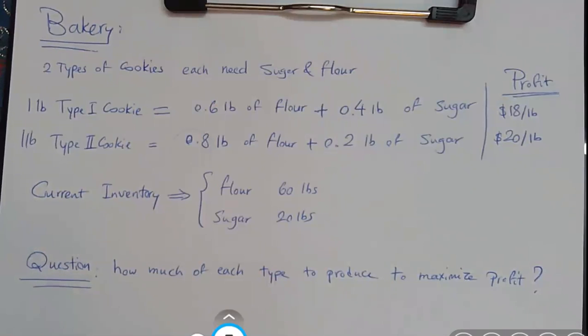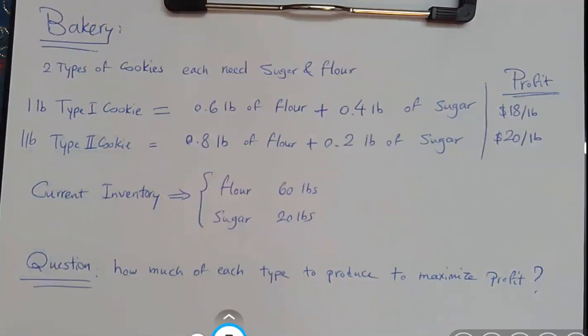We assume that the ingredients are only sugar and flour. Each pound of cookie type 1 is made up of 0.6 pound of flour and 0.4 pound of sugar. Each pound of type 2 cookies is made up of 0.8 pound of flour and 0.2 pound of sugar.